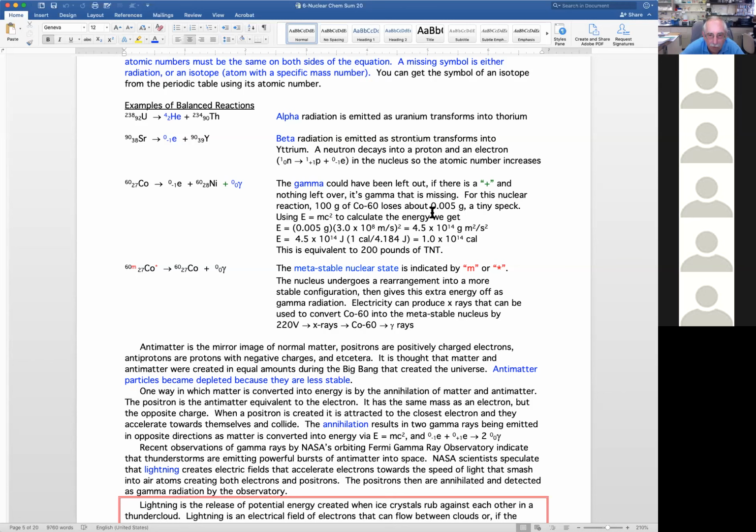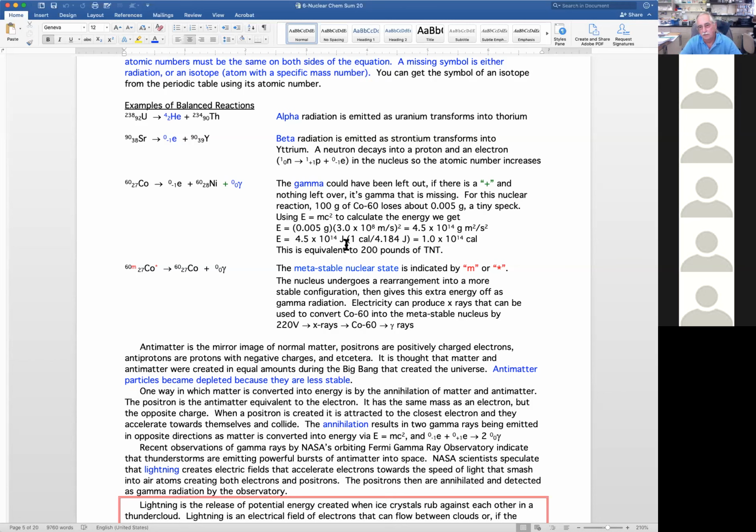If I take that 0.005 grams and I put it into E equals mc squared to convert it into energy, here's the math I did. Okay, so here's the speed of light squared. Here's the grouping of units right here. That grouping of units is equivalent to the joule.